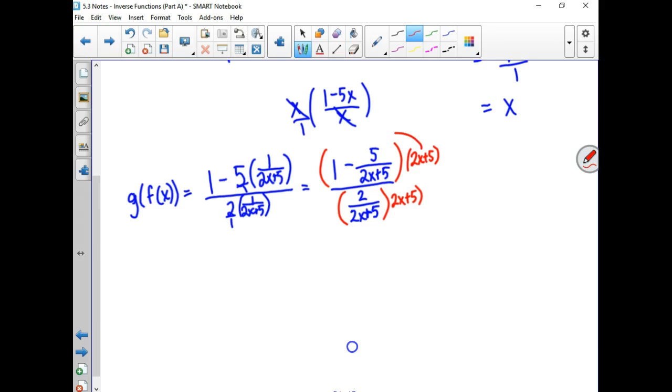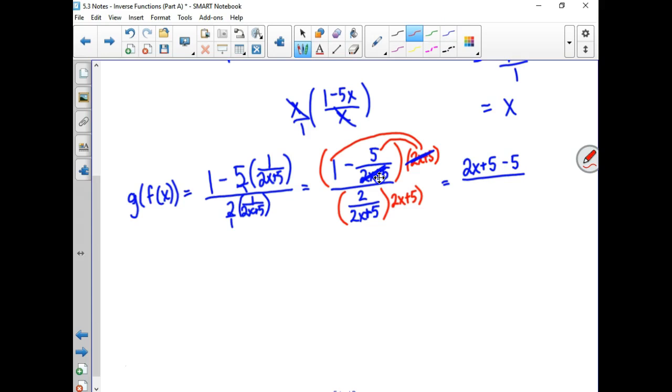And so we will distribute here, which means that 1 times 2x plus 5 will be 2x plus 5. And then when we distribute to 5 over 2x plus 5, what happens? It cancels with that denominator, which is the reason we chose to do this in the first place, right? So we just have a minus 5 there.